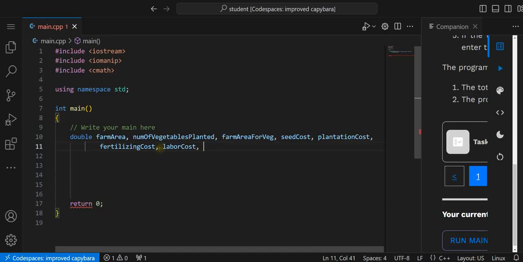Veg selling price per acre. Farming costs. And revenue.